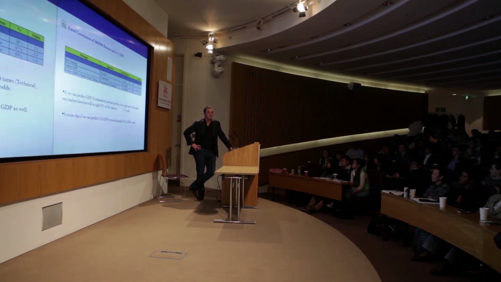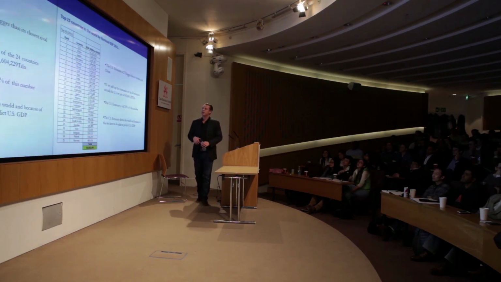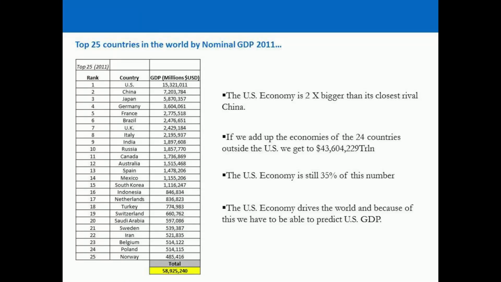Why is US GDP so important? So here's the 2011 numbers. 2012 numbers are going to come out soon. Could be quite interesting. So top 25 economies in the world.